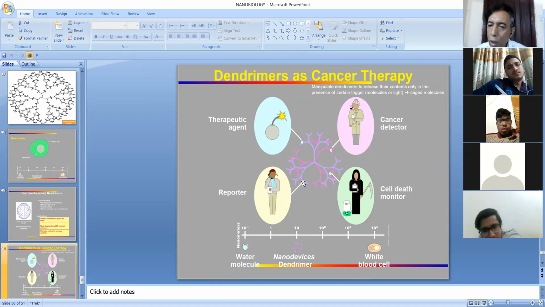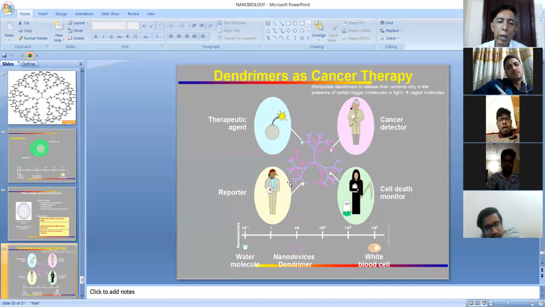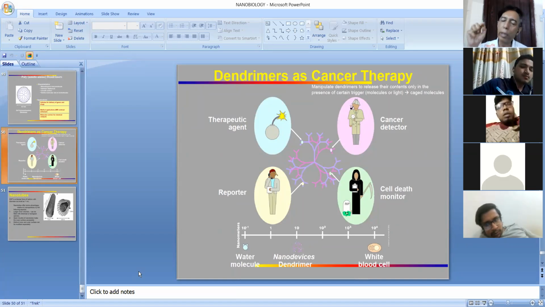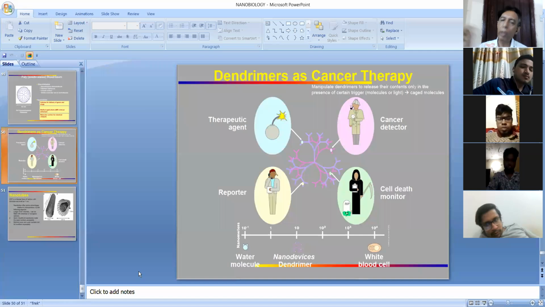So in one molecule, you can add different types of things, and it is very much a nanomaterial. You can make a dendrimer, detect with the dendrimer, and after detecting, you can treat with that dendrimer.